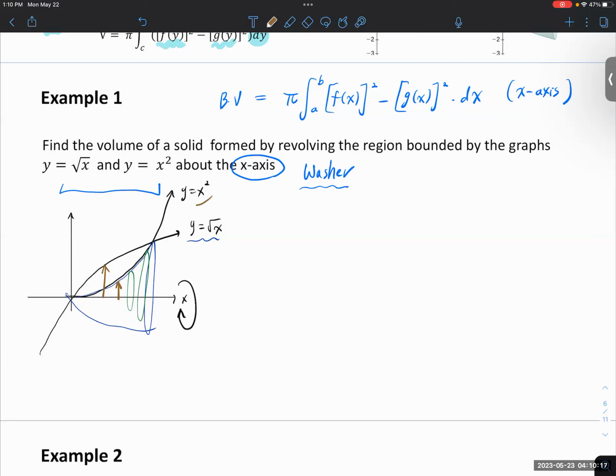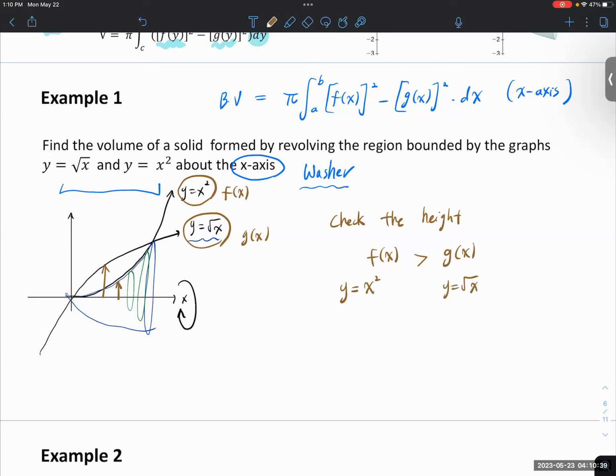Therefore, this is going to be f of x and this is going to be g of x, because we subtract f minus g. So you need to check the height. So f of x, y equals x squared, is greater than the g function, y equals radical x, correct?